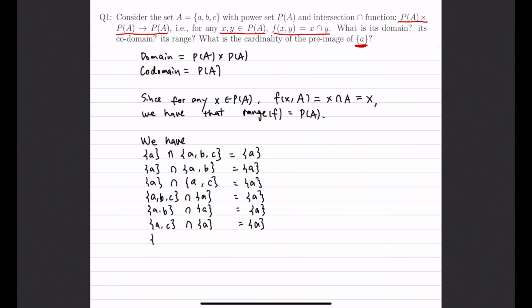Next, we also have the intersection of the set containing A and B, and the set containing A and C, is also the set containing only A. And similarly, we can swap the order.